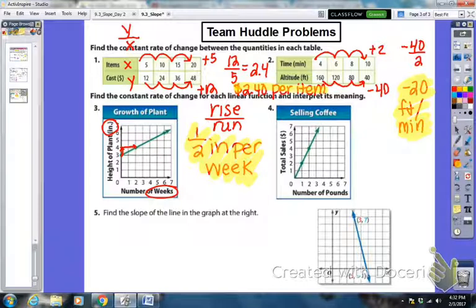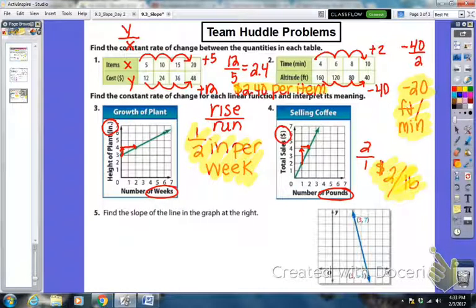The second one, about selling coffee: I'm rising 2 and running 1, so that's 2 over 1. My rise was in money, so this is $2, and my run was in pounds, so $2 per pound. And the last picture is just 2 points.